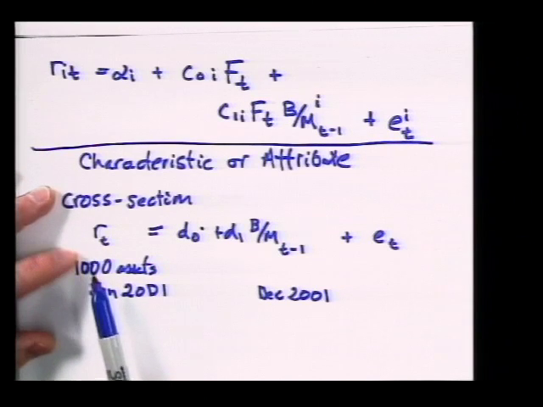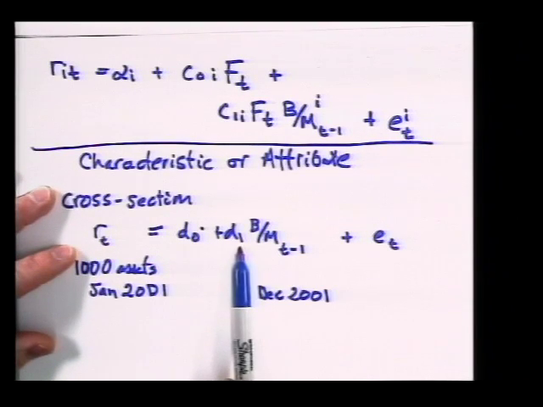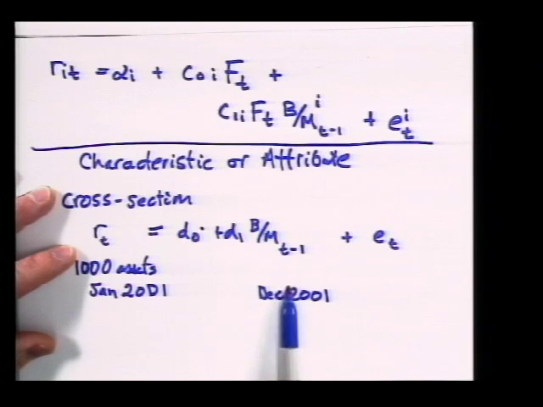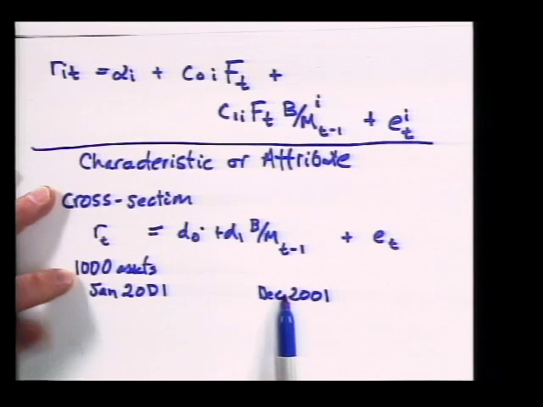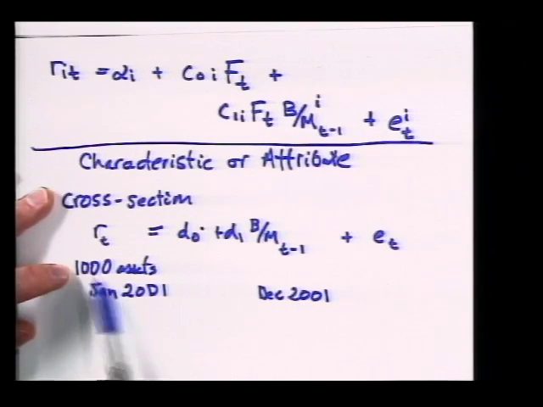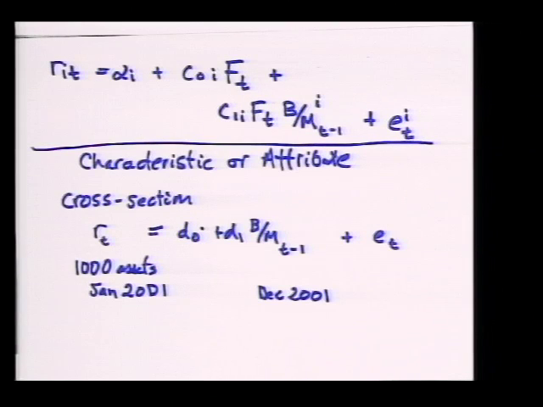Let's say I estimate this, I get a D0 and a D1. Then I feed it the January book to markets, and I get a forecast of 1,000 different returns for February 2001. Do you see what's happening here? So I've got 1,000 different firms' returns in January 2001.